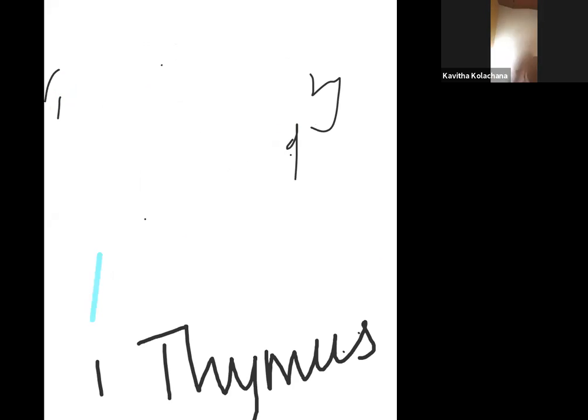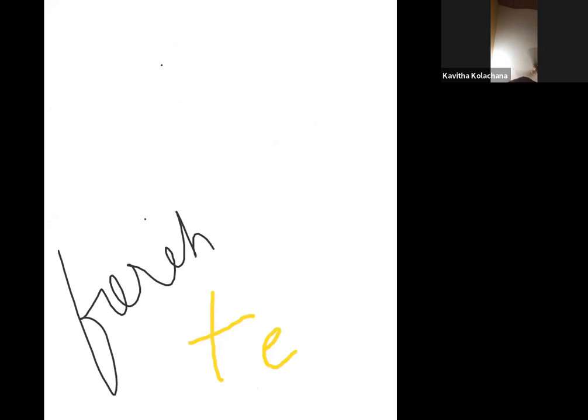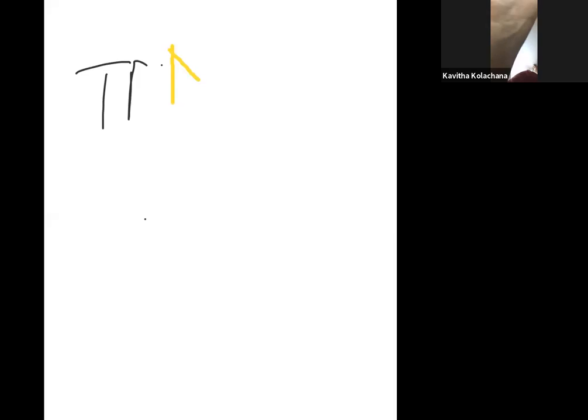We have TRH, or TSHRH, thyrotropin releasing hormone, which is for the thyroxine. Here we are looking only at the releasing hormones of the hypothalamus.